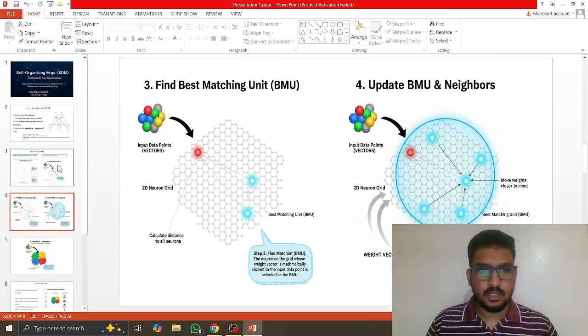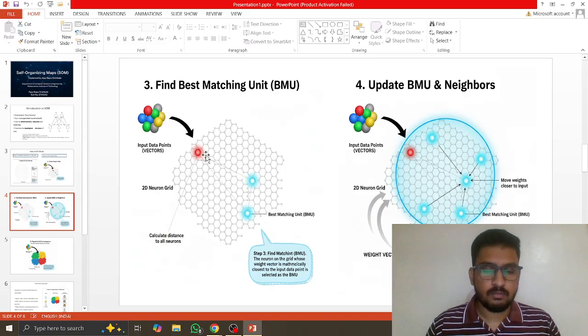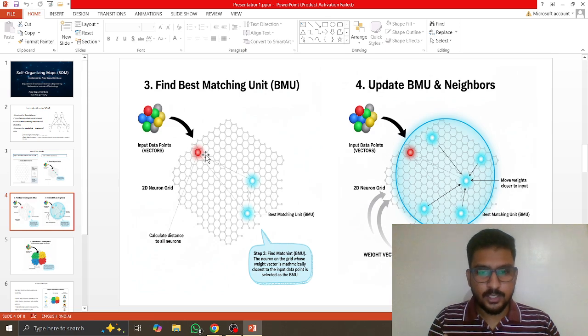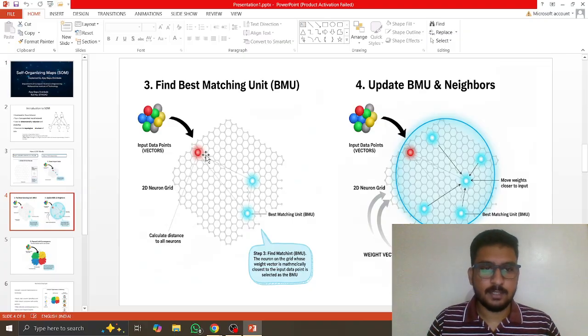In step 3, when we provide one input data point, it will try to find the BMU in that 2D grid. It calculates the distance between the neurons, finding the weight vector mathematically closest to the input data point we provided. The closest one in the 2D grid will be the best matching unit.